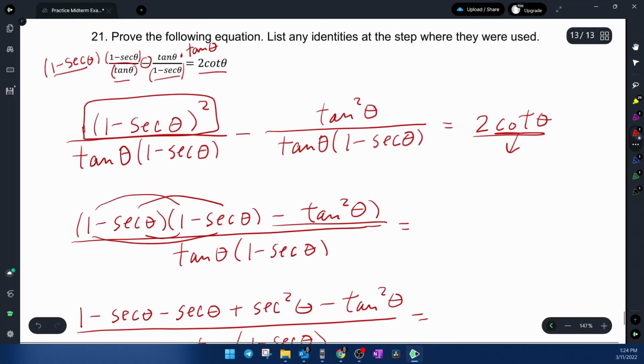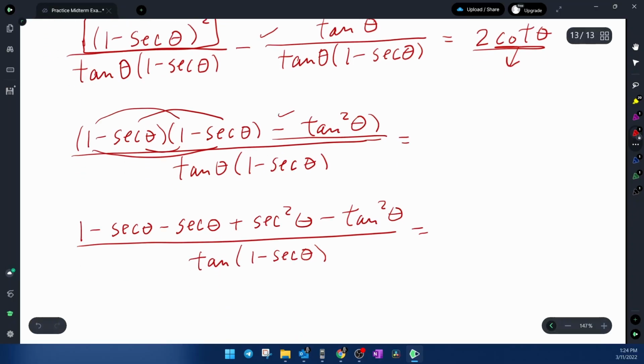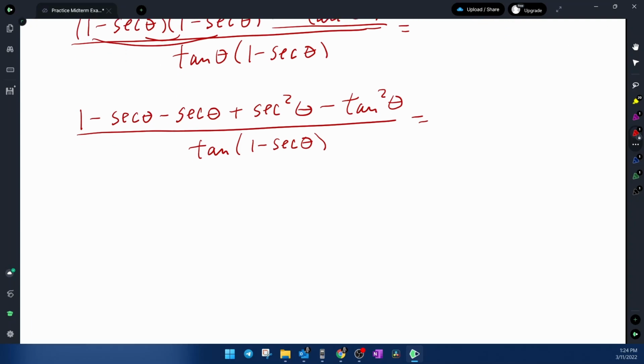Now, have I used any identities yet? The first step that I did was algebra, so I didn't incorporate any trig identities. The next step, again, was just math, and the third step was the FOIL method, so I've not incorporated any trigonometric identities yet. At this point, though, I do see that I have a trigonometric identity that I can incorporate.